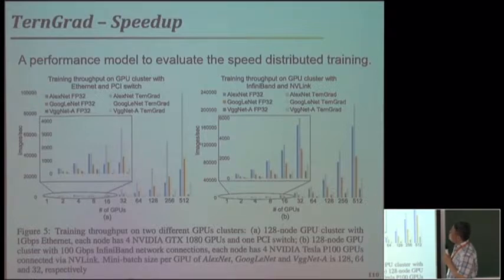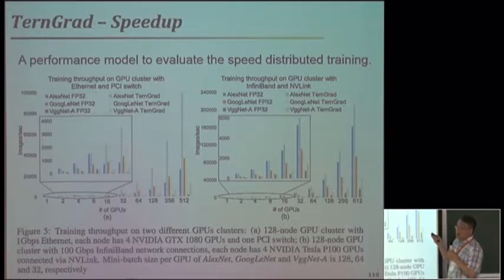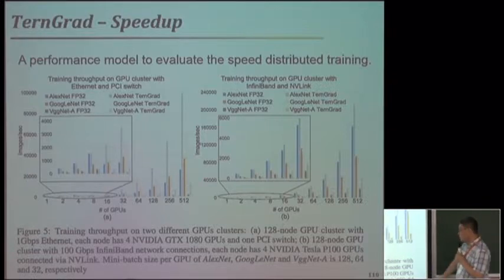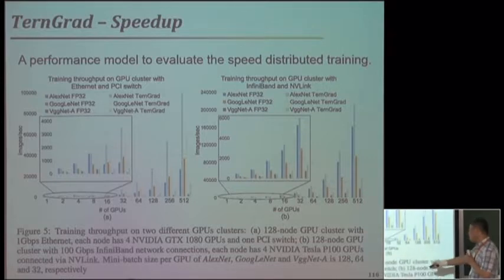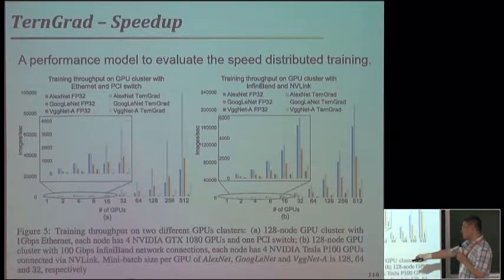The funny part is, this chart shows the Ethernet and the PCI switch, which is low memory bandwidth. This one shows InfiniBand, and NVLink is a high bandwidth memory.